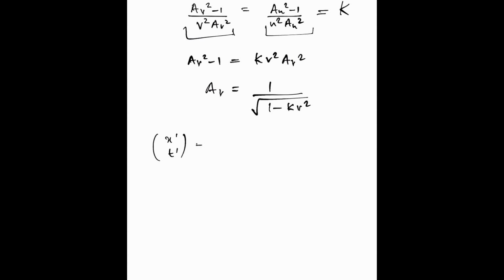So now I can solve for AV from this. AV square minus 1 is K V square AV square. So AV I obtain is actually 1 over root of 1 minus K V square. And my x dash t dash, I can take this factor out, 1 over root of 1 minus K V square, equals 1 minus V minus K V, sorry, 1, times xt.